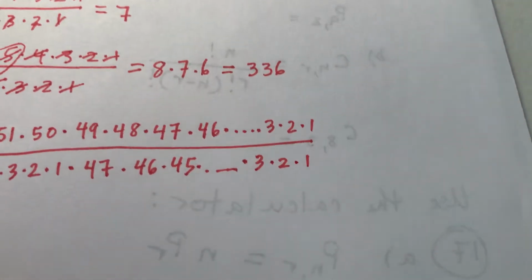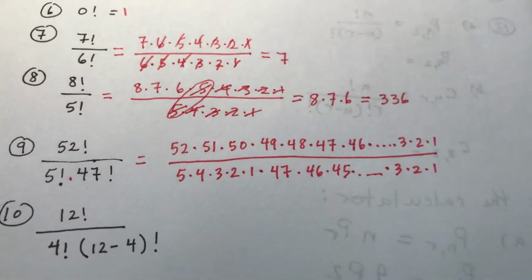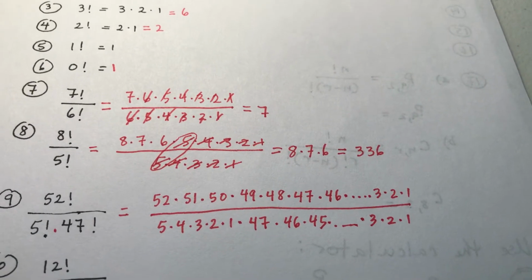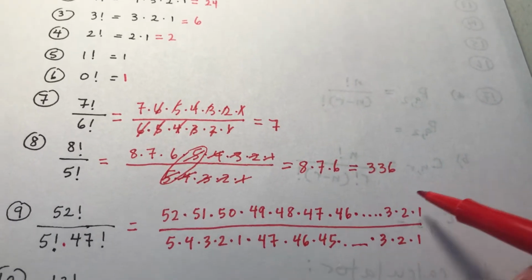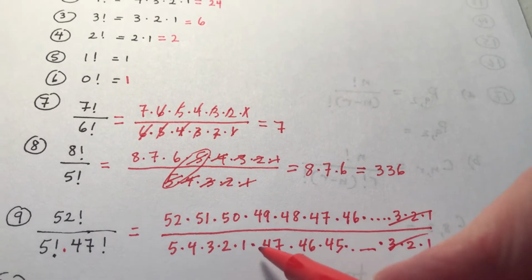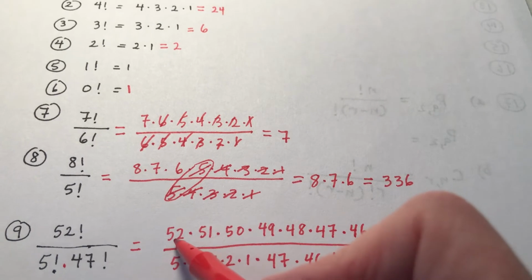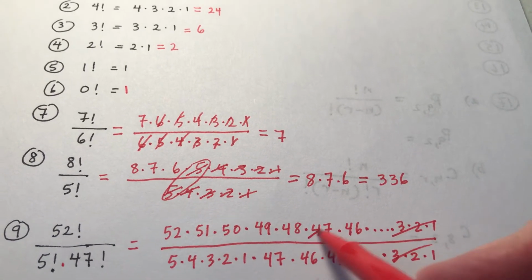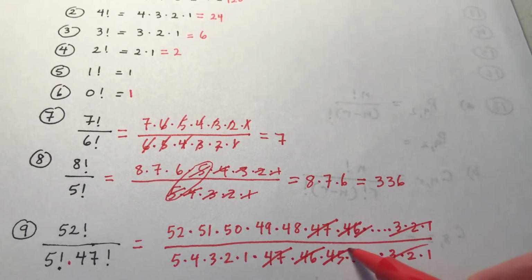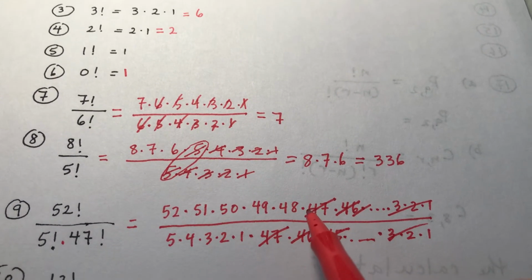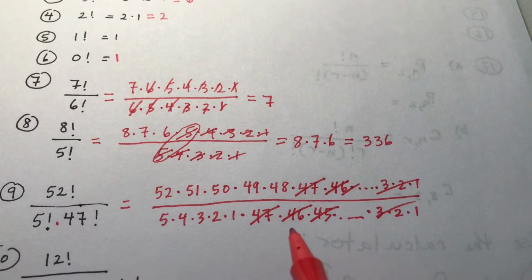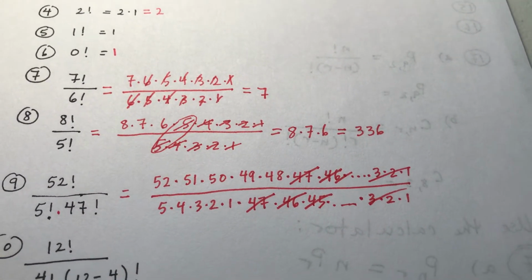How about that? So if I look at what I've just done, I look for anything that'll cancel. This 52 factorial has a 47, 46, 45. So you can cancel everything from 47 down and anything from 47 down here as well.